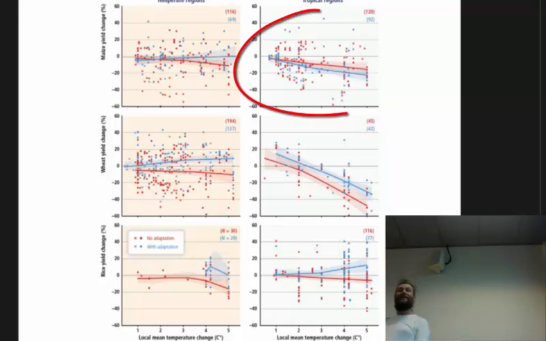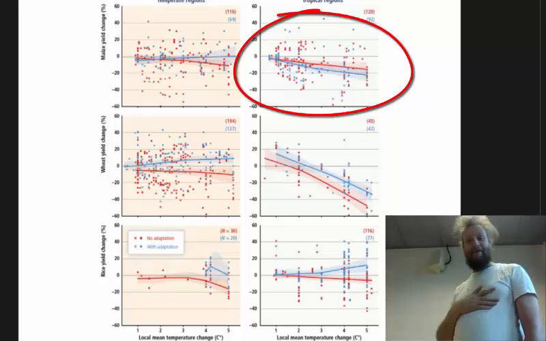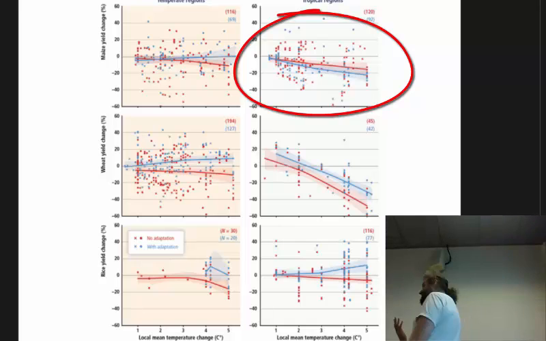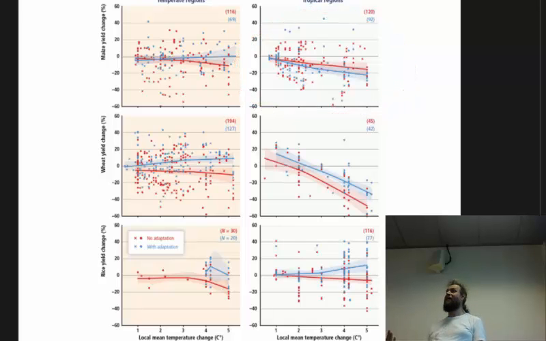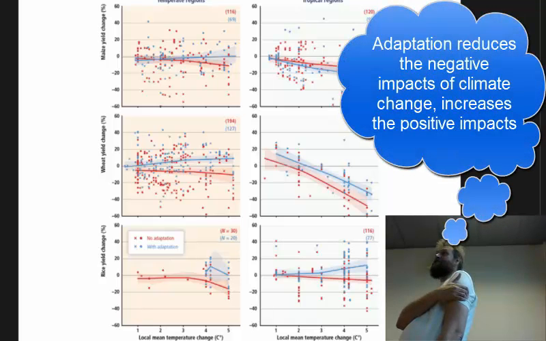You would indeed expect, as you very rightly noticed, that what happens here with adaptation is that if you change cultivar, you change your planting date, you change your harvesting regime or your pesticide regime, then you would expect a smaller change at the very least.